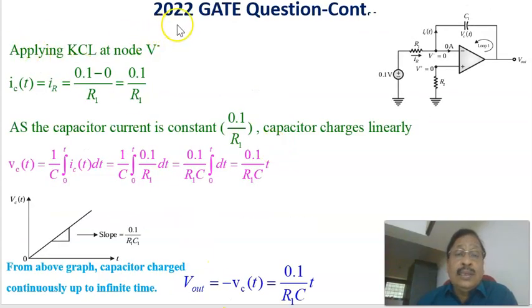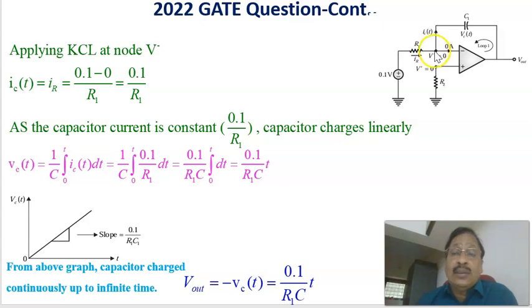Now continuing the same problem, first we applied KVL to this loop and got the corresponding equation. In the second stage, at this node we write the KCL equation, Kirchhoff's current law.